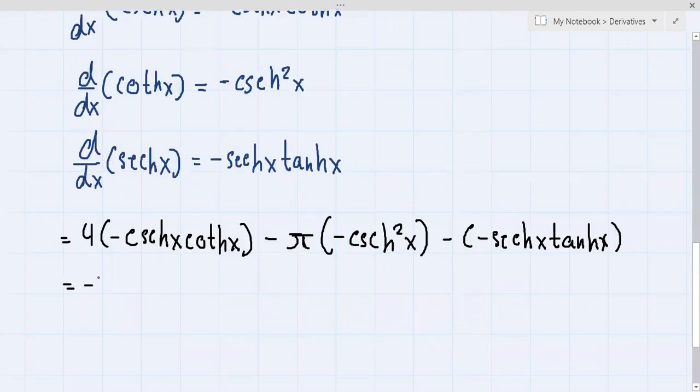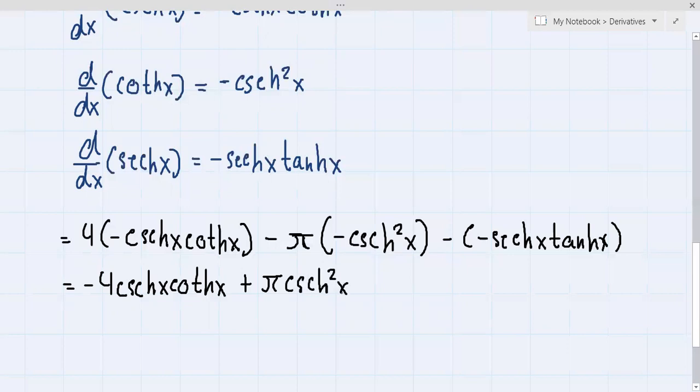The first term becomes negative 4 times cosecant hx times cotangent hx. The second term, minus pi times negative cosecant h squared x, becomes plus pi times cosecant h squared x.